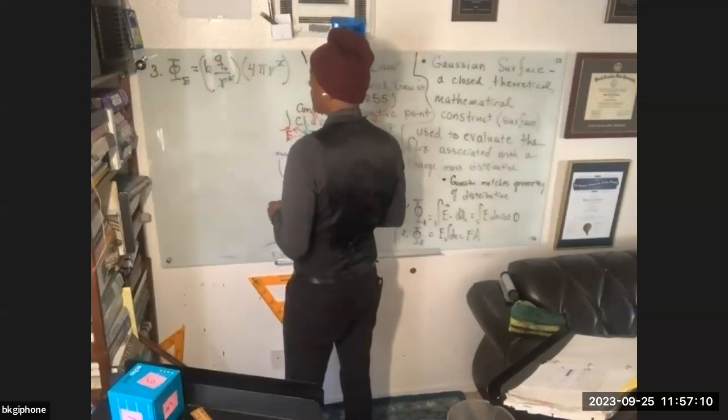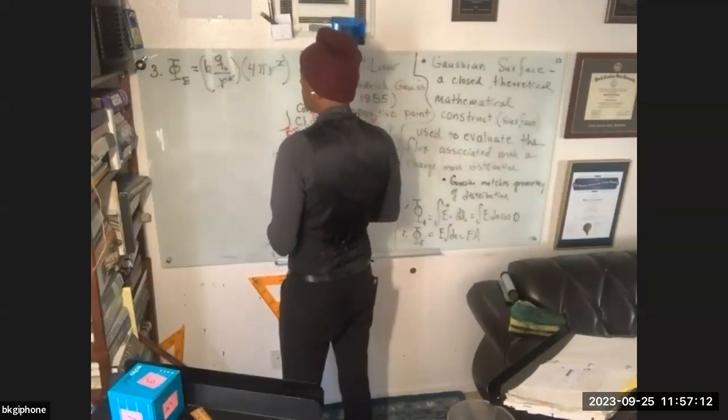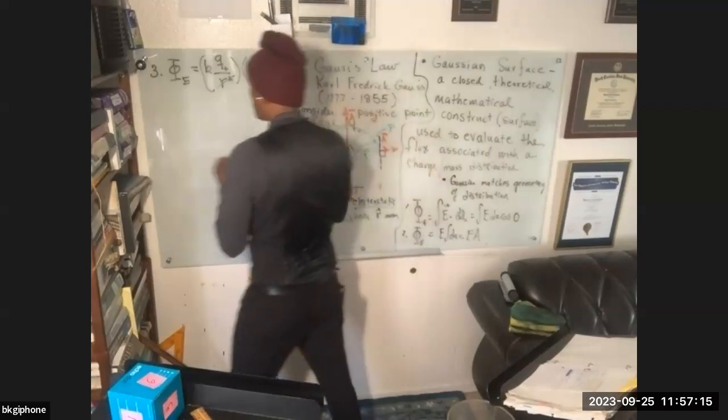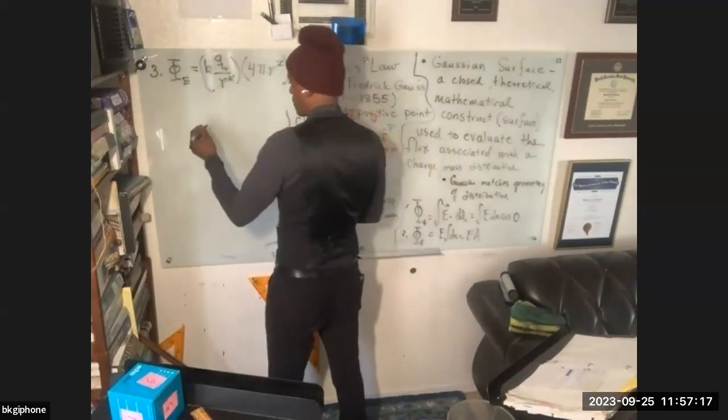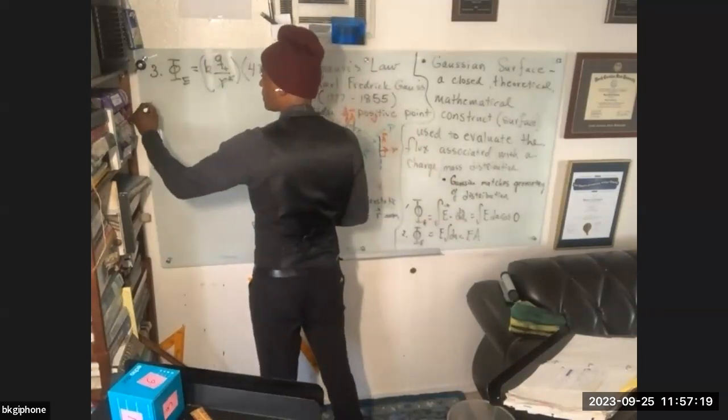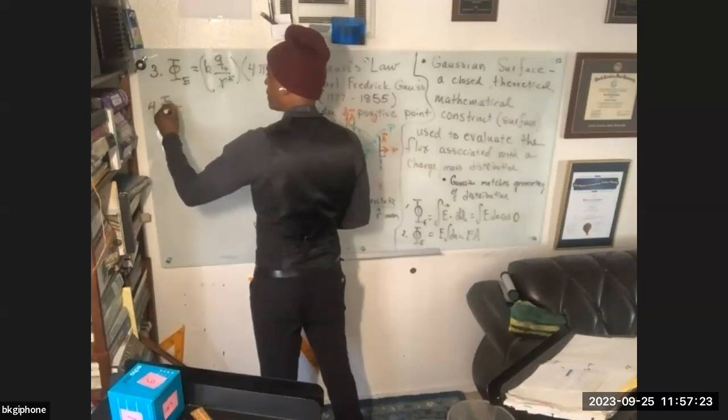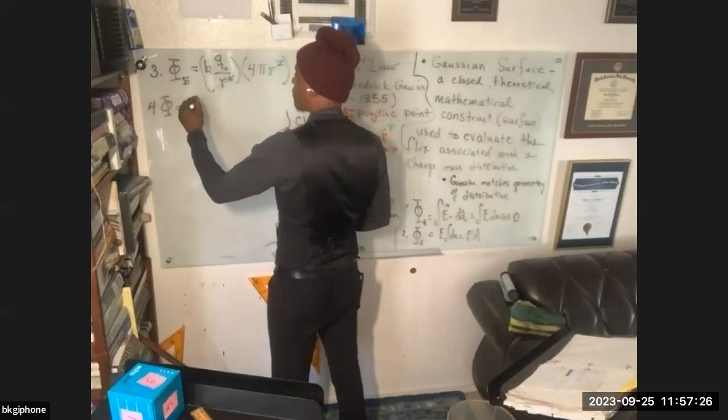I've got a 4 pi left. But remember, K is 1 over 4 pi epsilon naught.